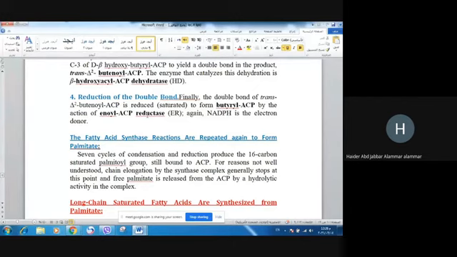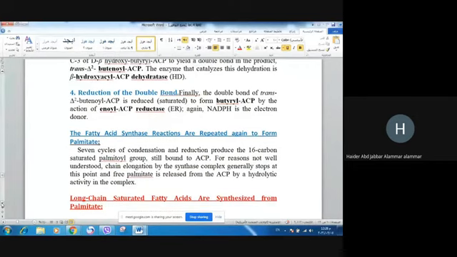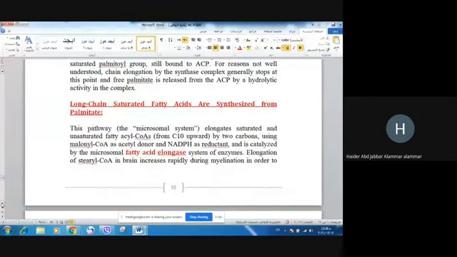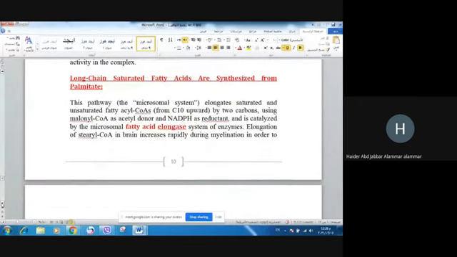Okay, and these 4 steps will repeat again and again to form the final requested product اللي هو carbon 16 palmitic or palmitol acid. Our body ability يكون لنا 16 كربون بالسيتوبلازم.